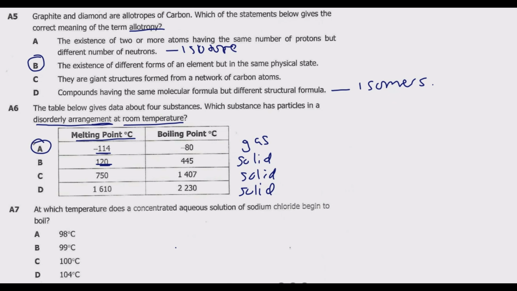So again, you need to know what happens to ionic bonds. So you notice that this is the ionic bond. So ionic bonding has high melting and boiling points. This is because of the strong force of attraction between positively and negatively charged ions. So if you look at this one, it is below the boiling point of water.